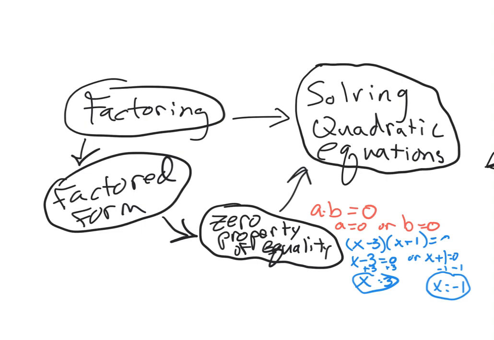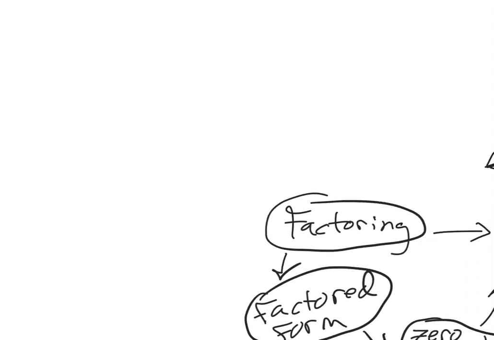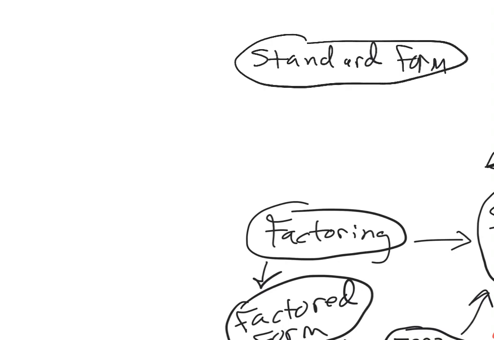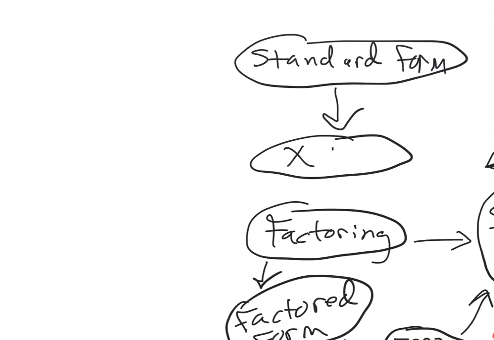So how this is going to play in is if we actually have standard form. Then what we're going to try to do is use our box and our cross to be able to factor it to get factored form.